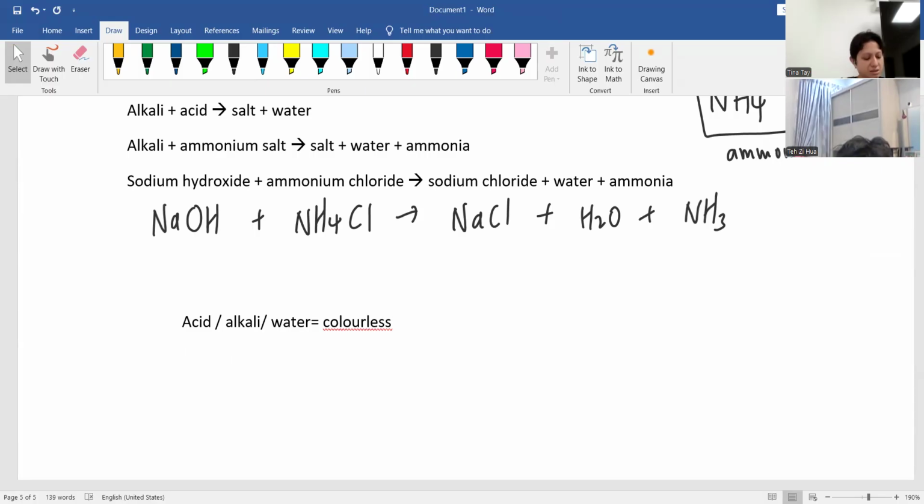Okay, so because they're colorless, doesn't that just make it more dangerous? Yeah, that's right. So in order to detect it, we use something called an indicator.